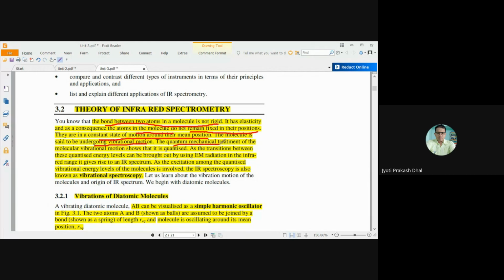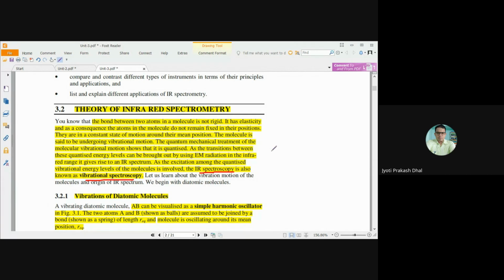The quantum mechanical treatment of the molecular vibrational motion shows that it is quantized. As the transition between these quantized energy levels can be brought about using electromagnetic radiation in the IR region, it will give the IR spectrum. As the excitation among the quantized vibrational energy levels of the molecule is involved, IR spectroscopy is also known as vibrational spectroscopy.